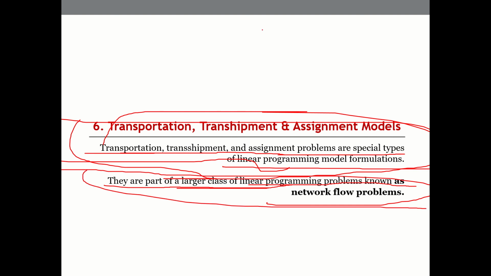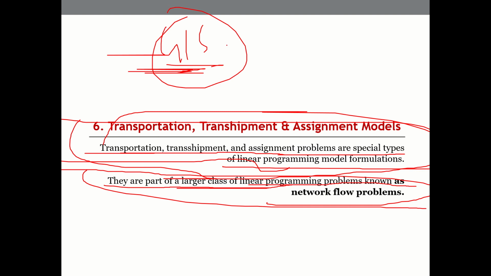Network flow problems. Actually, I can give you an example through GIS as well, Geographic Information System. There is a tool, right? I don't know whether you are aware of it or not. This is one of the most powerful tools that we have for analyzing data in a spatial context.